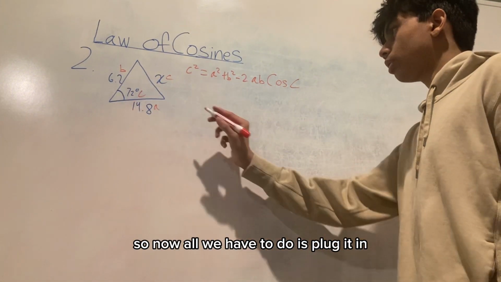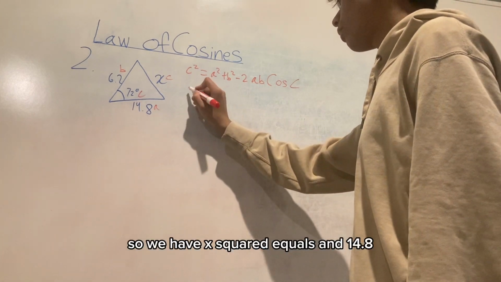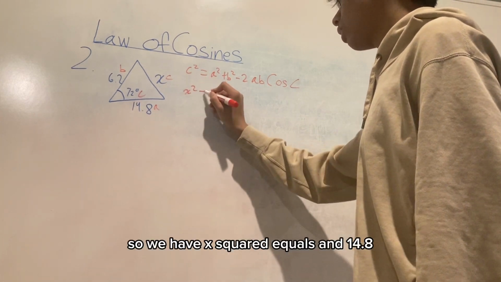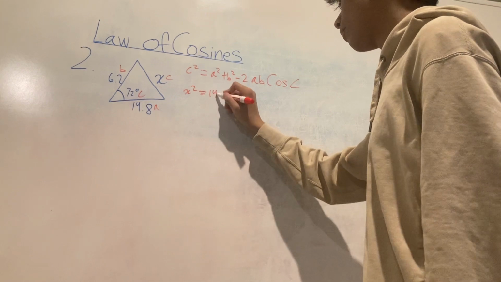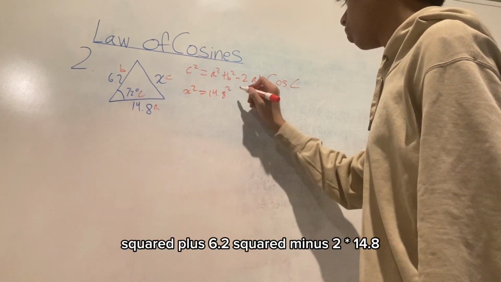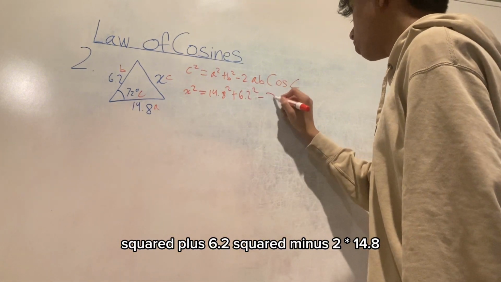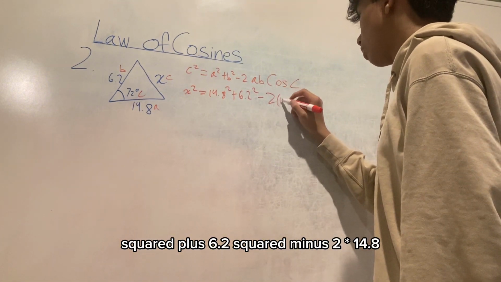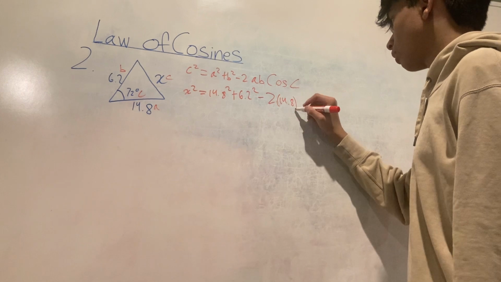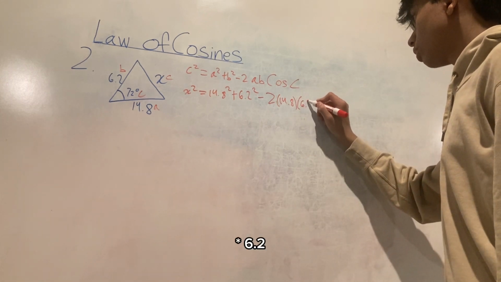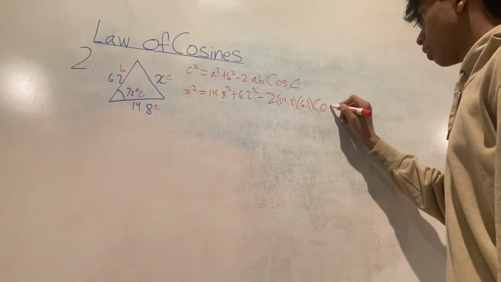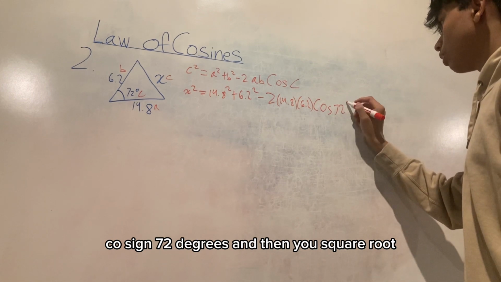So now all we have to do is plug it in. So we have x squared equals 14.8 squared plus 6.2 squared minus 2 times 14.8 times 6.2 cosine 72 degrees.